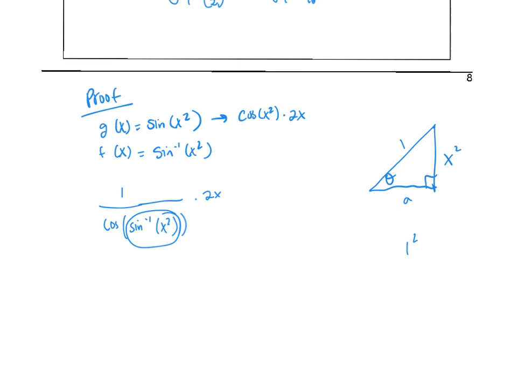So I have 1 squared equals x squared squared plus a squared. So a equals the square root of 1 minus x to the fourth. If I want cosine of that, then I take a over 1.